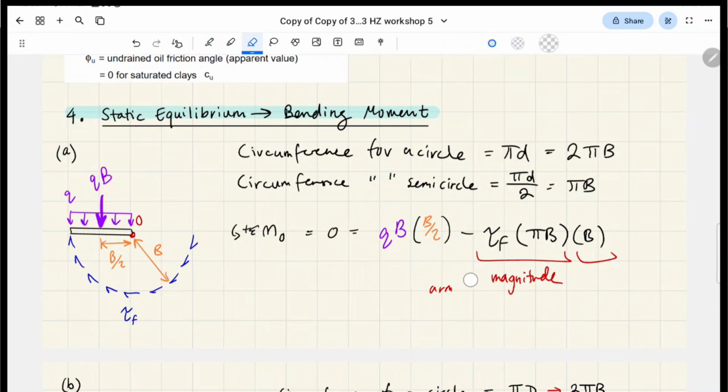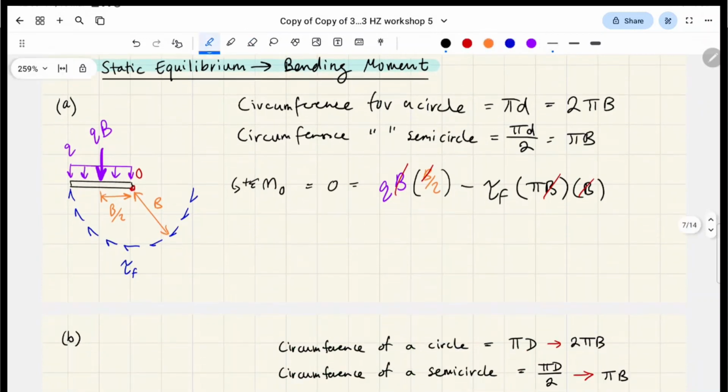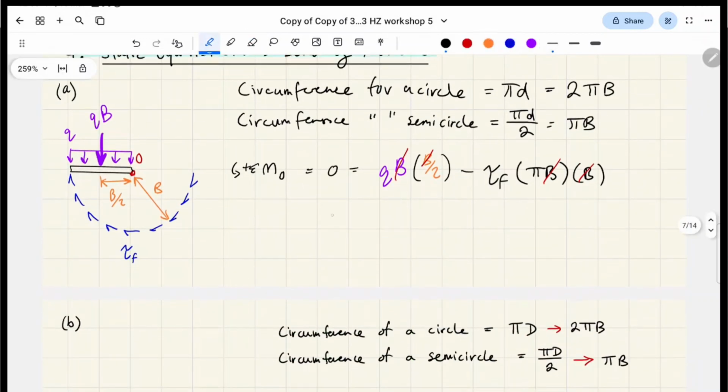So now everything's set in place. What we're going to do is cancel a bunch of these b's out, okay? Because everything's still equal to 0, right? Now we're going to rearrange for q, right? I'm going to get that q is 2. Oh, my bad, almost up. We worked out before that TF in our question is equal to CU, because we don't have any friction angle strength, right?